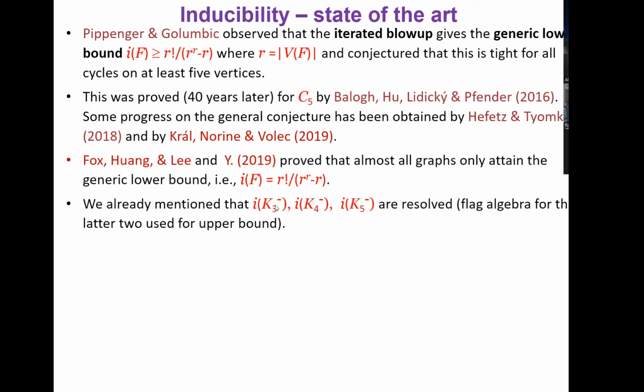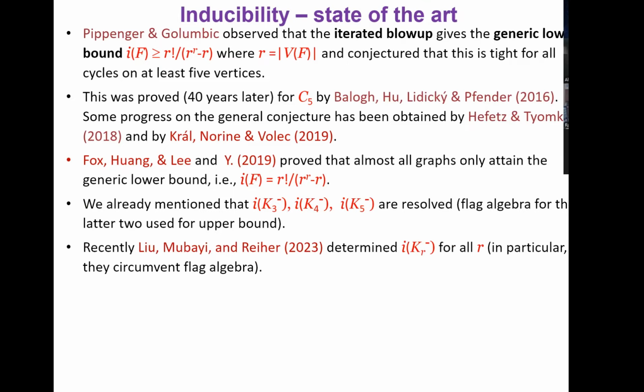Now, we already mentioned the Goodman result, which is just the path with two edges, which is just K3 minus. Also K4 minus, we mentioned this with flag algebra, and K5 minus. So what more can we say in general about cliques missing a single edge? This is the first pressing non-trivial case. Indeed, this was solved very recently by Liu, Mubayi, and Reiher. And they determined the inducibility of a clique missing an edge for all r.